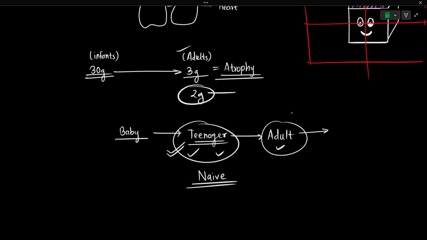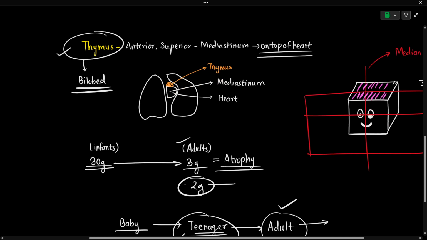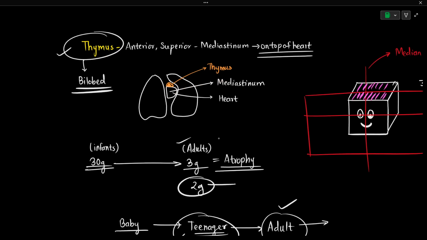So that activation will be done in the secondary lymphoid organs, not in the primary lymphoid organ. The thymus is a part of the primary lymphoid organ, so here only maturation of T cells will be seen. So the thymus is going to result in T cell development and maturation, which will result in expression of the T cell receptors.